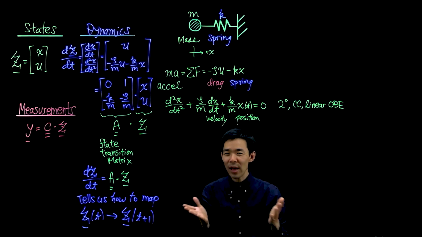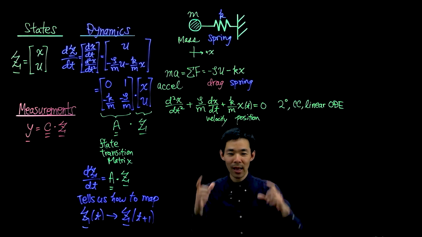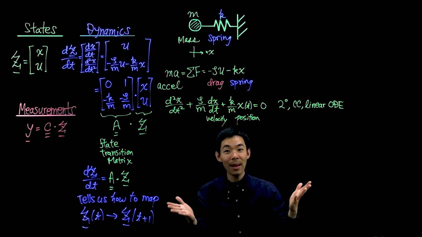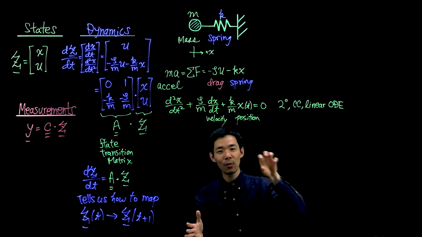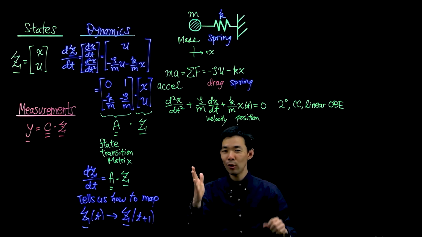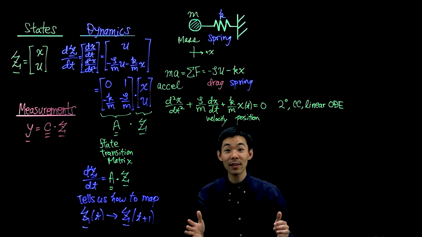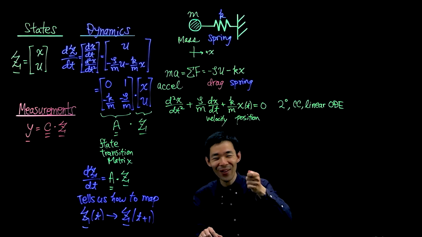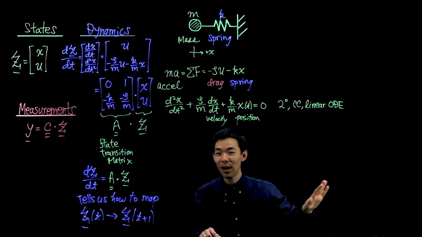That means you don't have a measurement of the velocity, right? If I just hand you a picture of this mass at some time step, all you see is a mass with a spring connected to a wall. You only know its position, x, but you don't know its velocity. It's not like you have a speedometer to check how fast it's going.